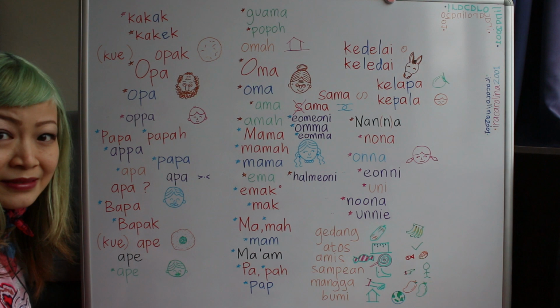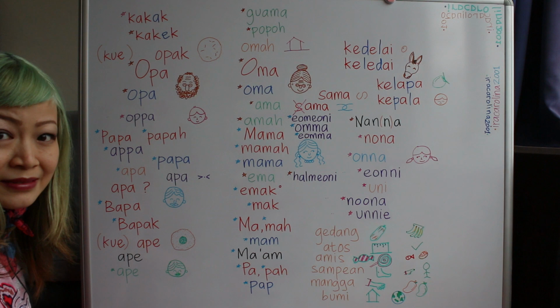In Korea, mother can be oma or eoma or eomoni, eomyoni, halmyoni for grandmother, halmyoni.